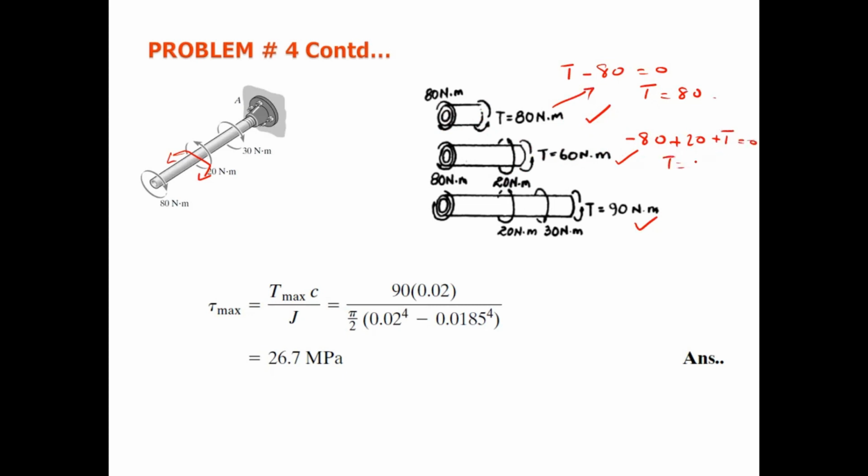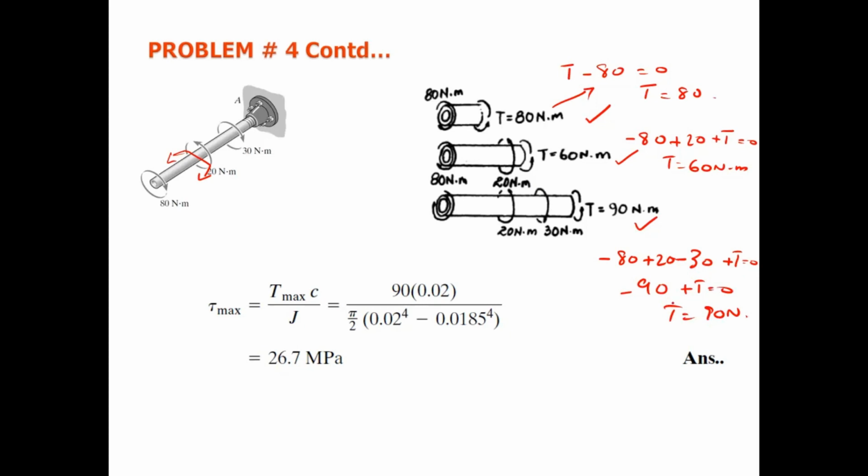So T is equals to 60 Newton meter. For the third section, it will be minus 80, plus 20, and minus 30, since it is clockwise, and plus T is equals to 0. So it will be 80 minus 20 plus 30, which is 90, minus 90, T plus T is equals to 0. T is equals to 90.